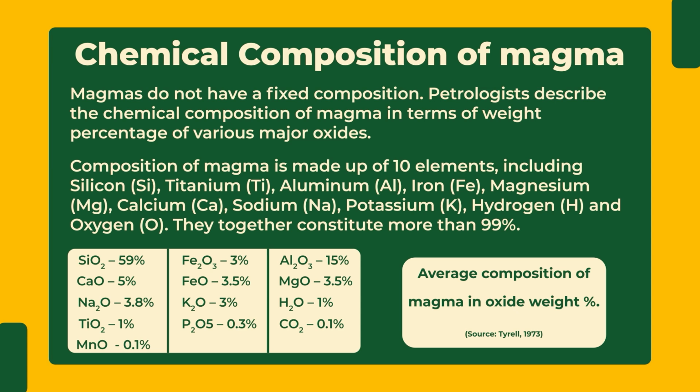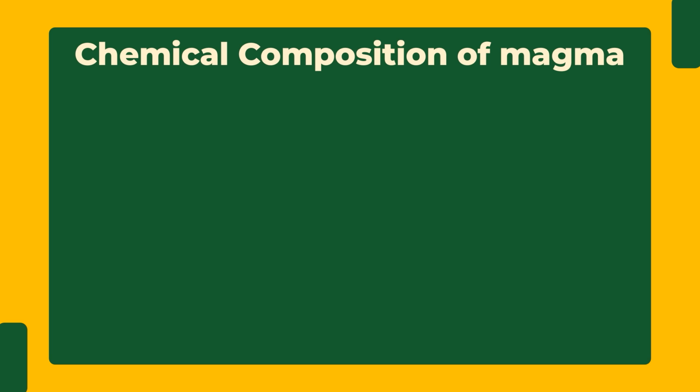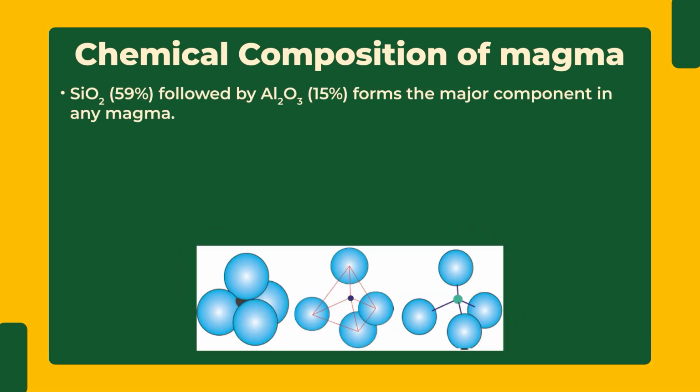You can see on your screen the oxides that dominate the composition of the magma are silica oxide, aluminum oxide and iron oxide, or it can be calcium oxide. Chemical composition of the magma, let us continue with the discussion.